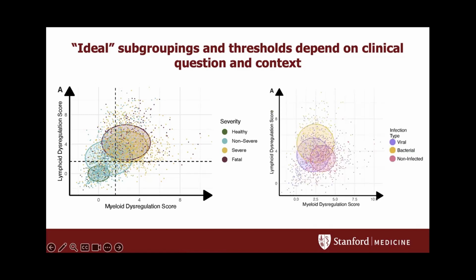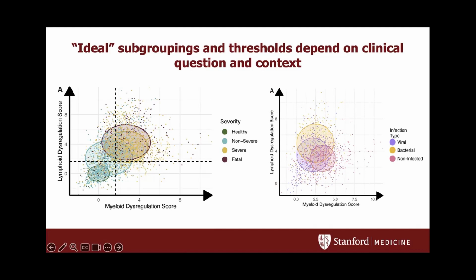The other thing I'll say is that even the type of infection you have can show different dysregulation. So for instance, these are all ICU level infections, so patients who required critical care and were incredibly sick. And what you can see is that whether you have a bacterial, a viral, or a non-infectious etiology of your critical illness will change the degree of dysregulation you have on these axes.